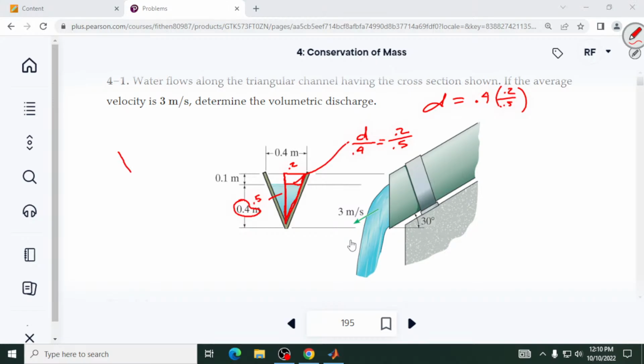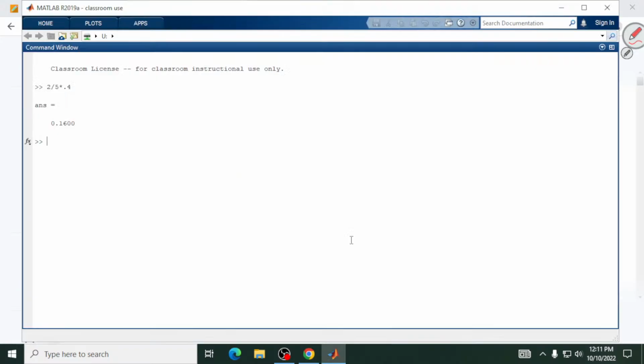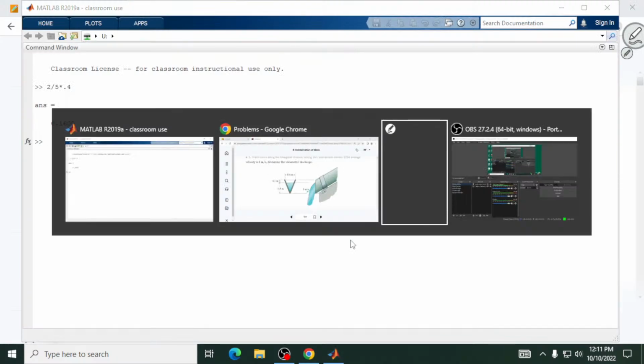So I actually have a triangle, which I should have drawn the other way, which is 0.16, 0.4. Let me check. 0.16, yep.